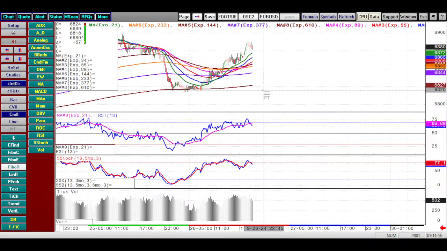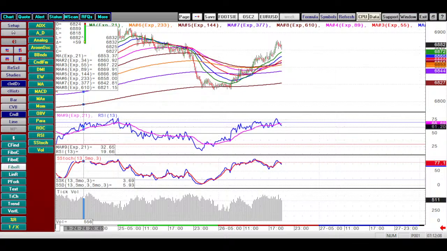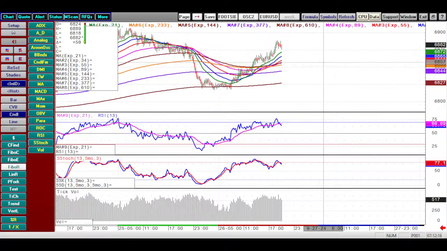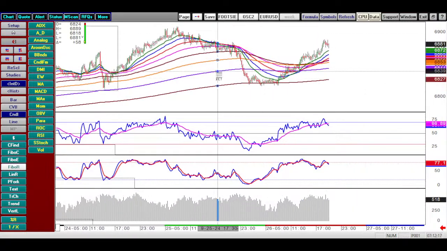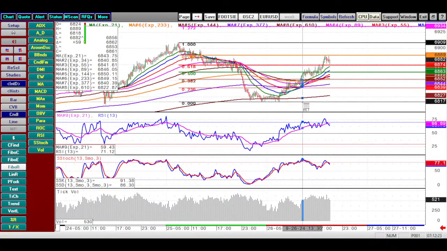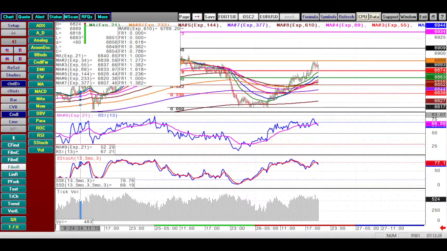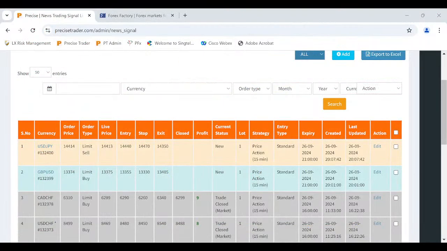Okay, so now when we look into the chart, our entry, we try to enter at 68.65. Let me double check. Yeah, I think 68.65 should be okay. So the stop we put at 40, and TP, if the 69.10 breaks, then we may see 69.30, which the chart also agrees with, right?